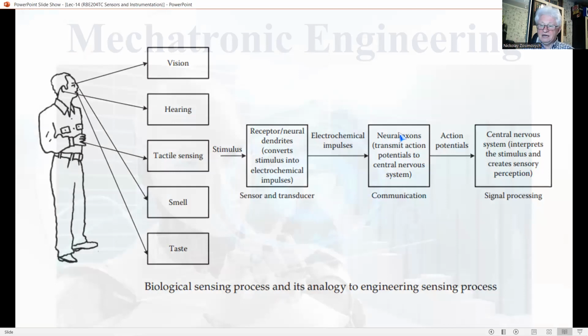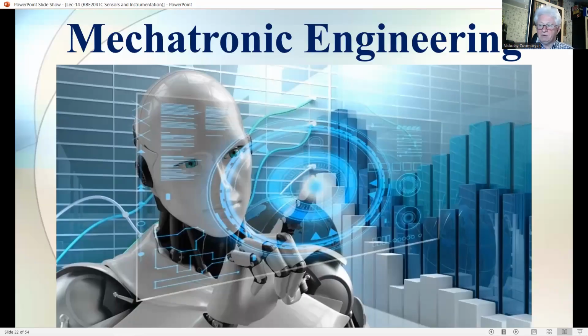Generally, if we are speaking about mechatronic engineering, the subject of mechatronics concerns the synergistic application of mechanics, electronics, control, and computer engineering in the development of electromechanical products and systems through an integrated design approach.